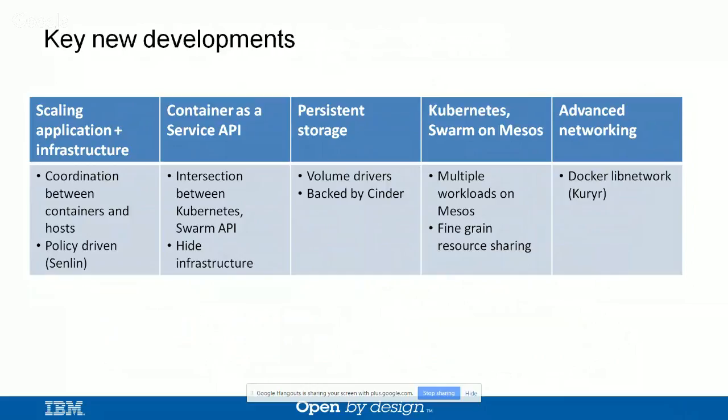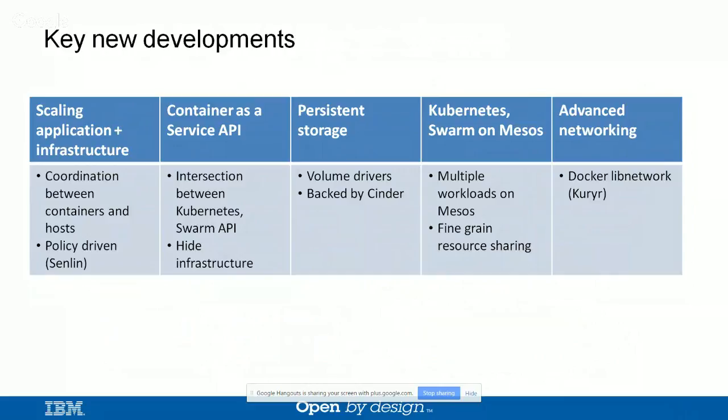What we would like to do is have better coordination between these two levels of scaling, so that we do a better job. Normally everything's okay if we have a lot of resources, but when we run out of resources, this is where you have to make decisions and choose the right priority to allocate resources between the containers and the cluster and so on. So that's one piece of work that's going on.